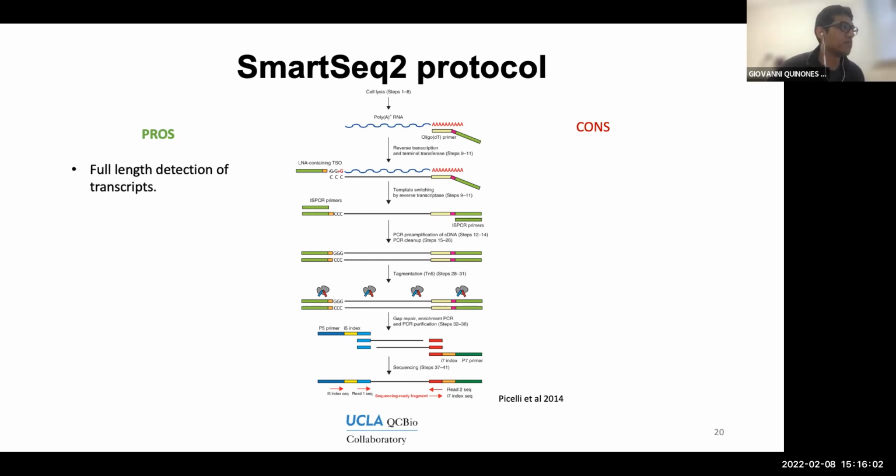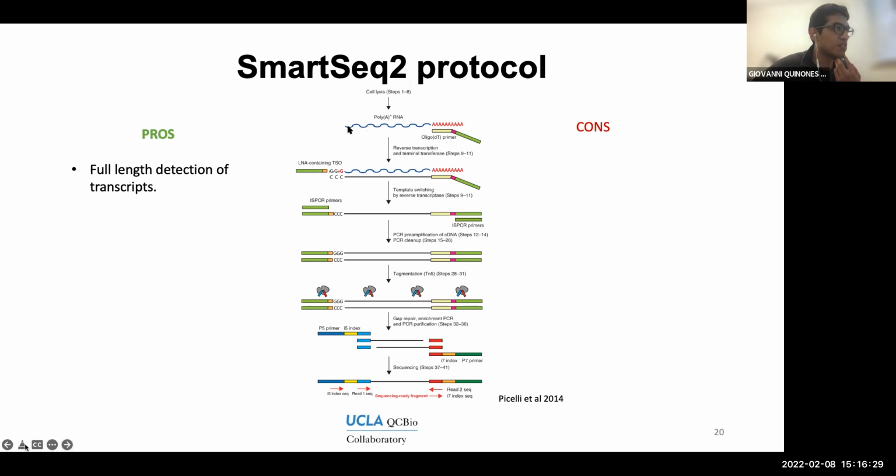So the pro, of course, is finding the full length of the transcript. And this is an outline of the library preparation. We don't need to go through all the details, so I'll just try to summarize the steps.